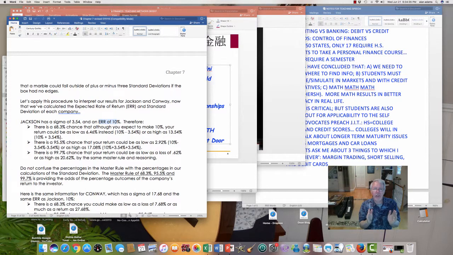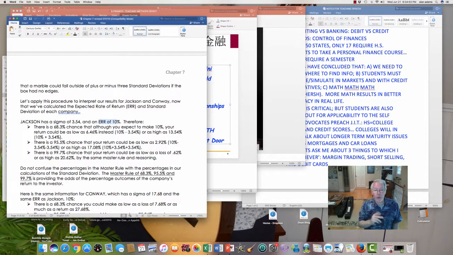That means that there's a 68.3% chance, on the master rule, that even though you expect to make 10%, your return for Jackson could go as low as 6.46% or as high as 13.54%. That's your risk.